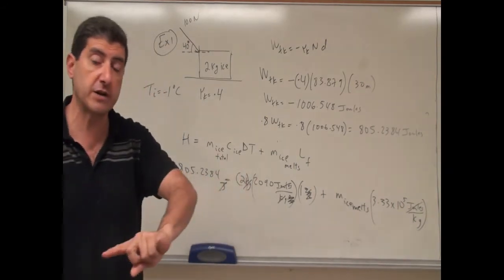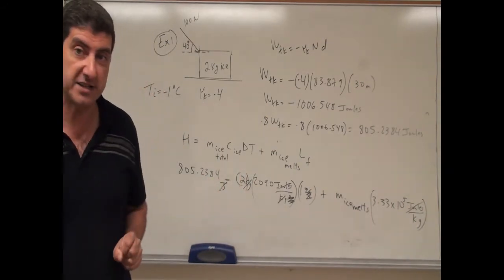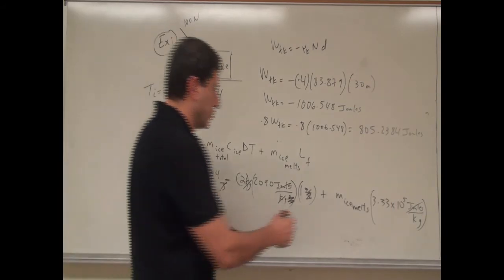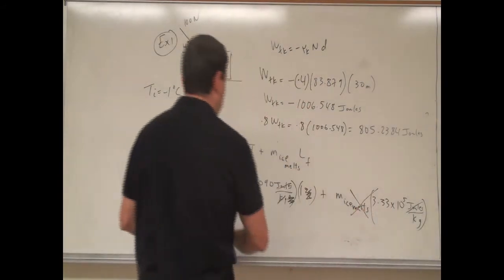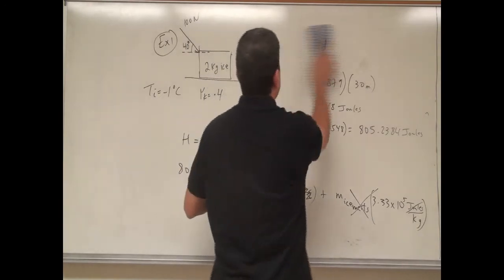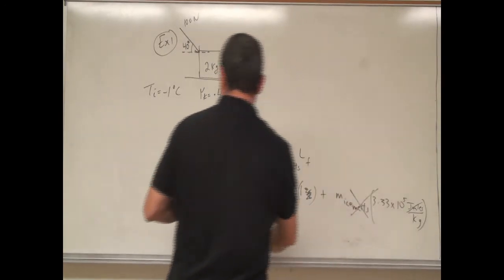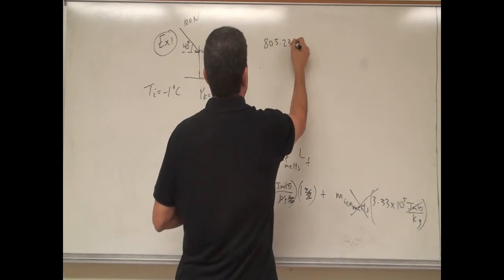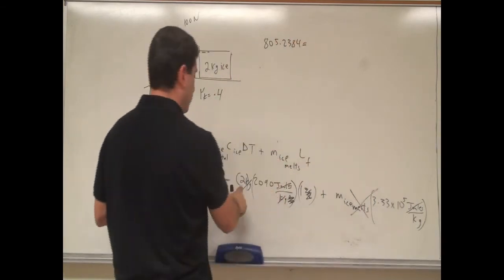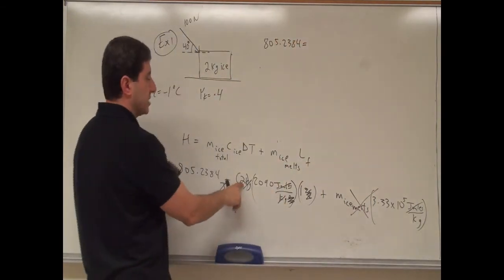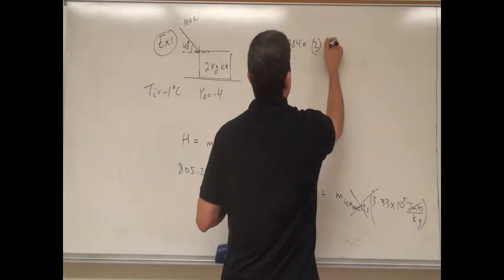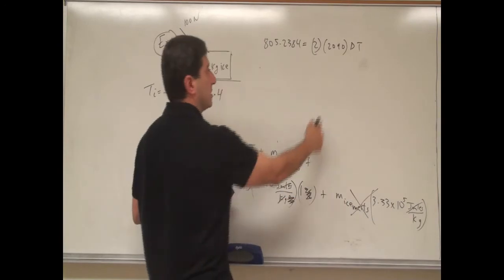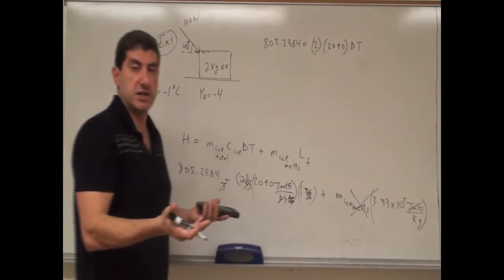So let's find out what the final temperature of the ice is, right? Its temperature went up a little bit, but we don't know how much. So then we have here 805.2384, and then we can put here the mass, which is 2 kilogram, times 2090, and then we'll put delta T, but the delta T we're going to solve for, right?